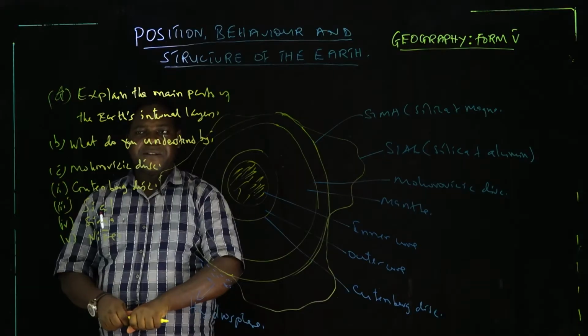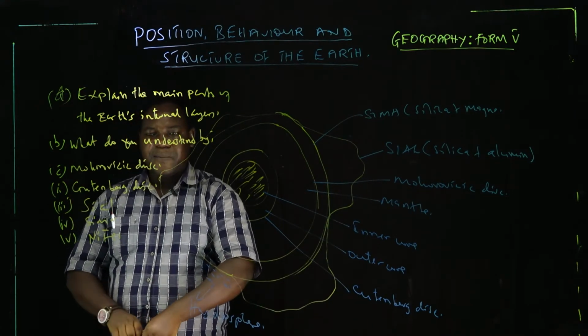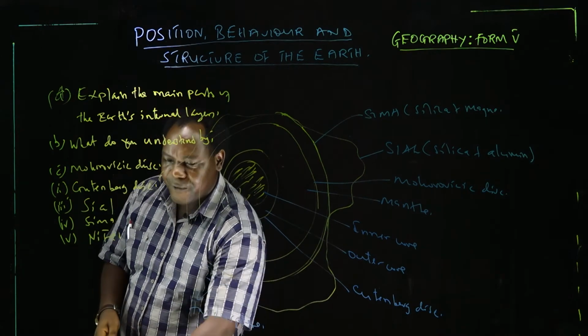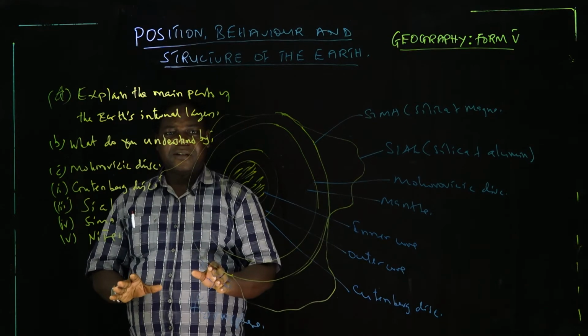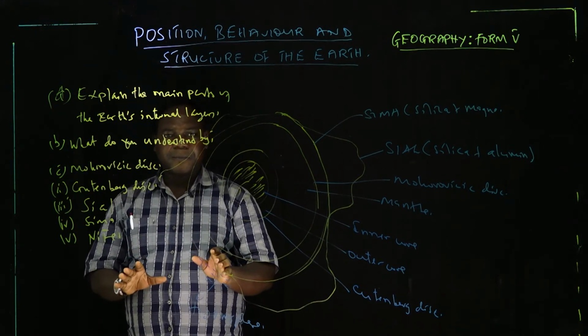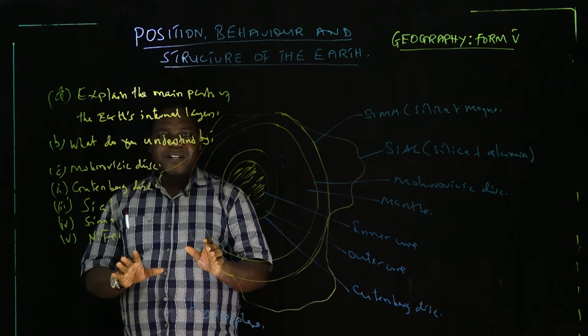Having seen all this, my dear student, this marks the end of the first topic of physical geography of Form 5: position, behavior, and structure of the Earth. Always feel interested.